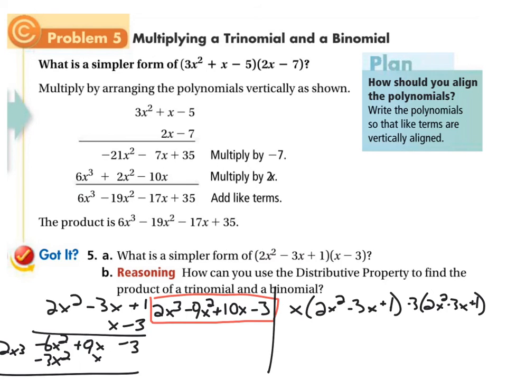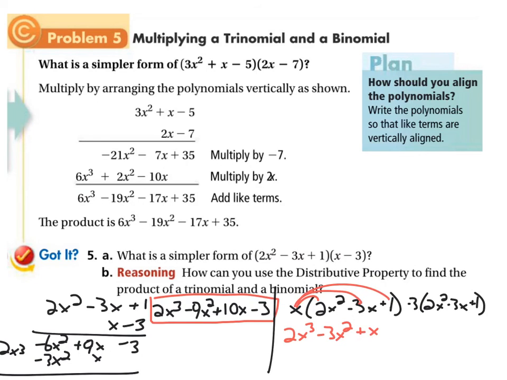And when we distribute this through, like this times this, this times this, this times this, we get 2x cubed. X times negative 3x is negative 3x squared. X times 1 is x. And when we distribute this negative 3 through, we got negative 3 times 2x squared is negative 6x squared.